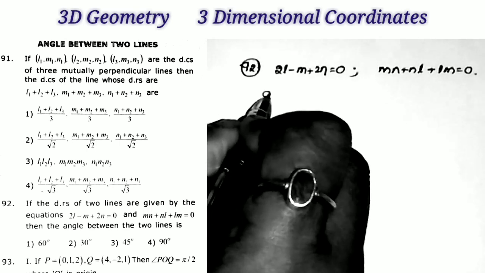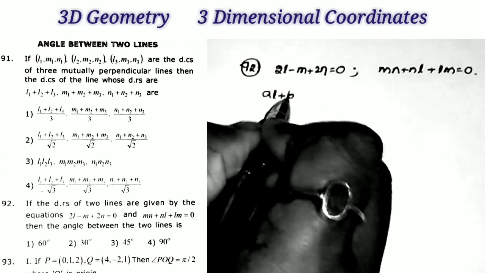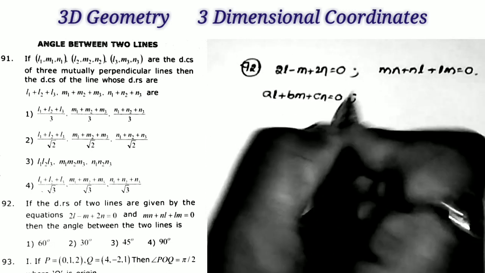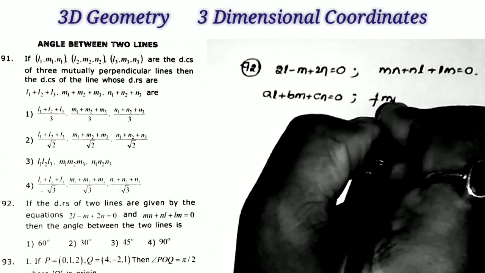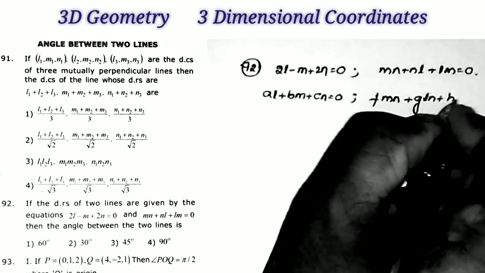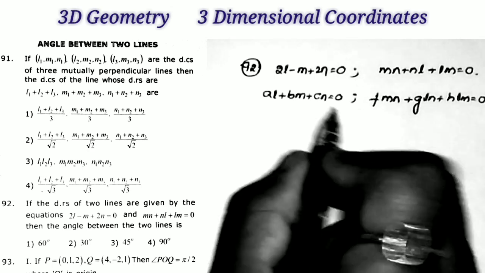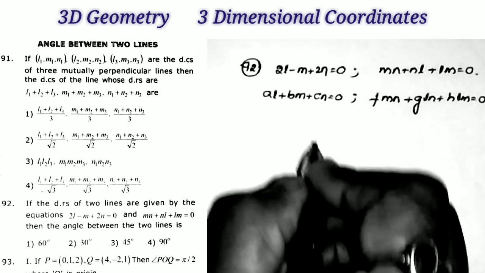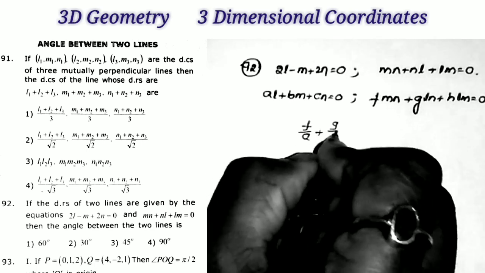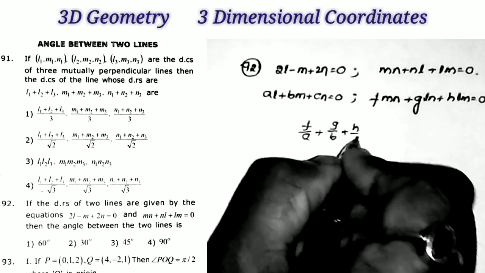So to find the angle, first I compare the first equation with al plus bm plus cn equal to 0 and the second equation with fmn plus gln plus hlm equal to 0. I am just comparing the equations like that. Then I check the condition whether f by a plus g by b plus h by c is equal to 0 or not.